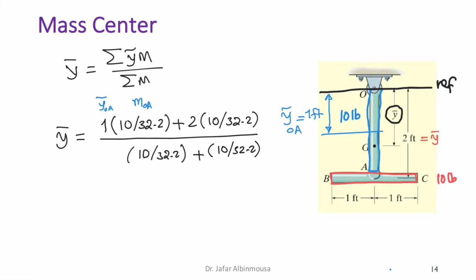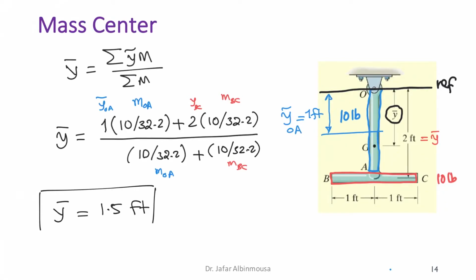Then we have the y tilde for BC, and this is the mass for BC. And then we just added the masses, so this is the mass of BC, and this one is the mass of OA. Now, if we calculate this, we will get y bar as 1.5 feet. And this is the center of gravity for the composite body.